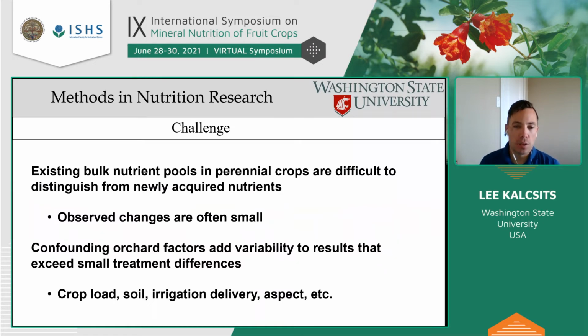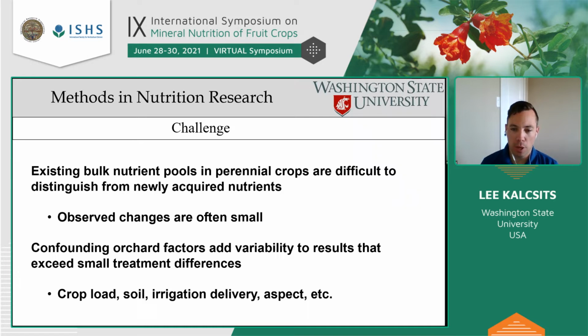So the challenge with nutrient-related research, as you all know, is that, especially with perennial fruit crops, existing bulk nutrient pools are very large, and they're difficult to distinguish from newly acquired nutrients, which that pool is relatively small.